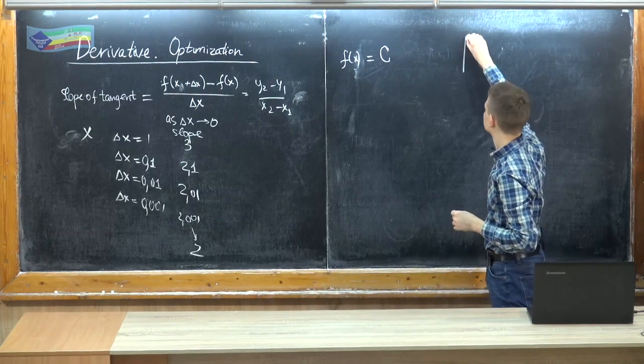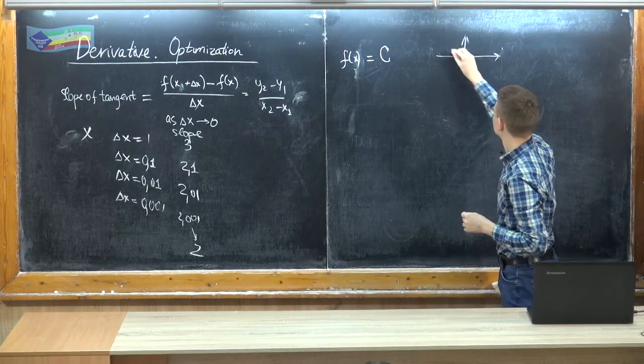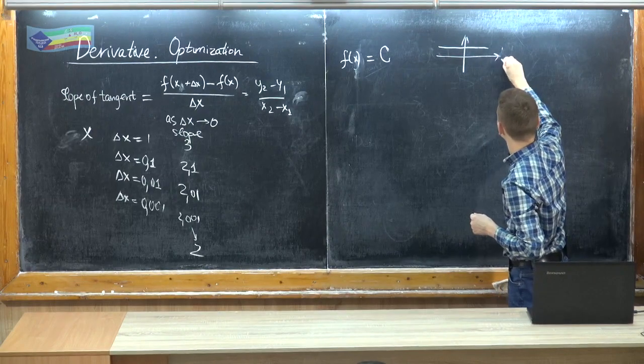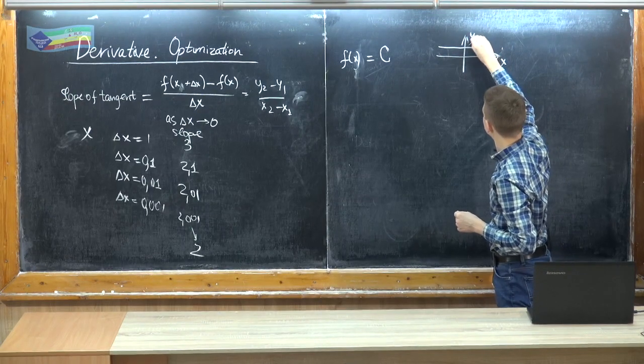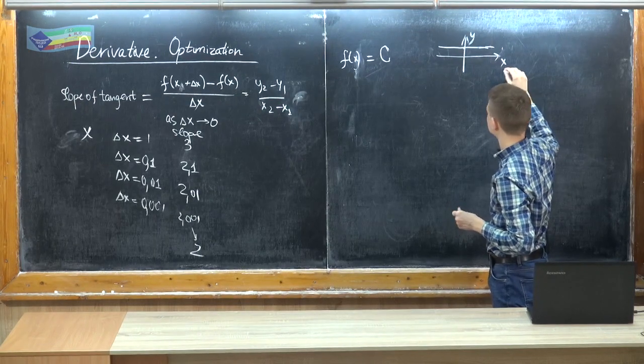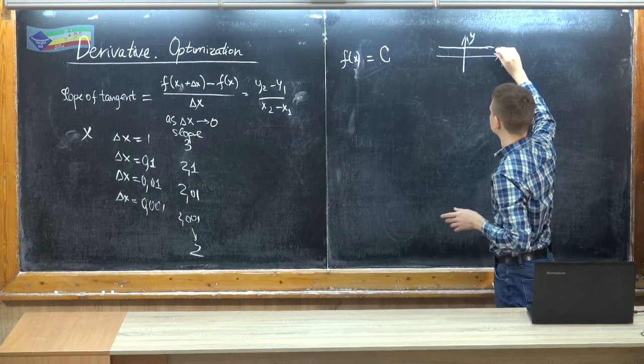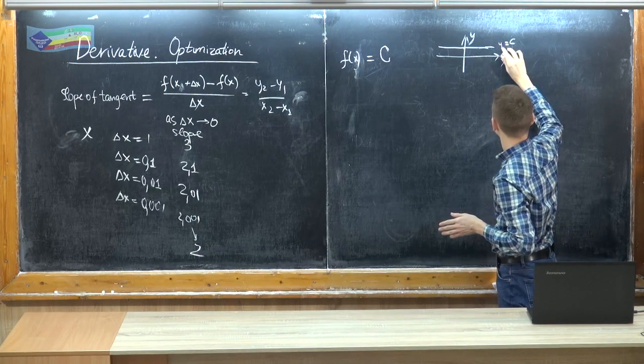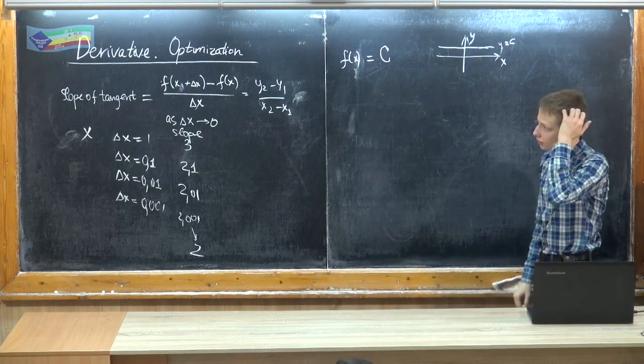So consider you have a constant function, and our y is equal to a constant at every point x.